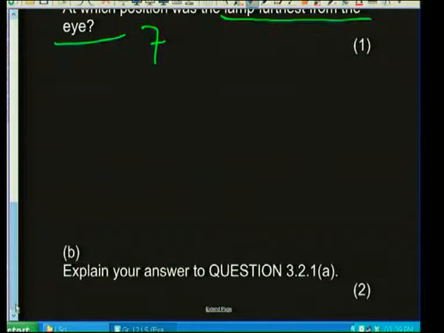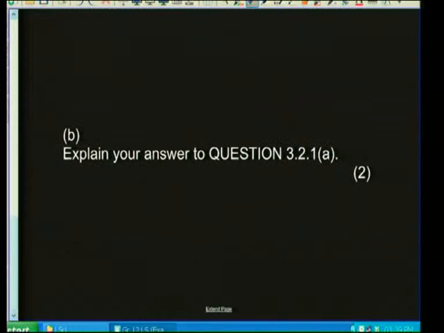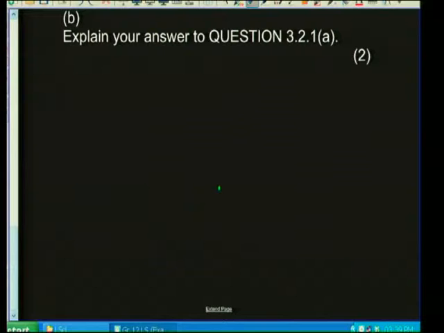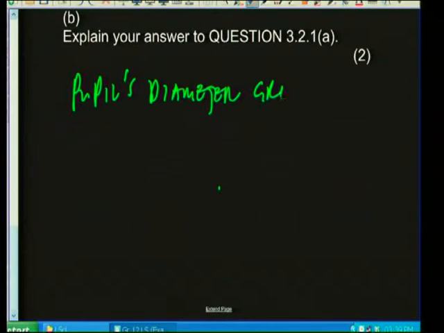I'm not going to go into the other story there because they're going to ask you to explain your answer in question 3.2.1. And the answer is the pupil diameter is the greatest at position 7.